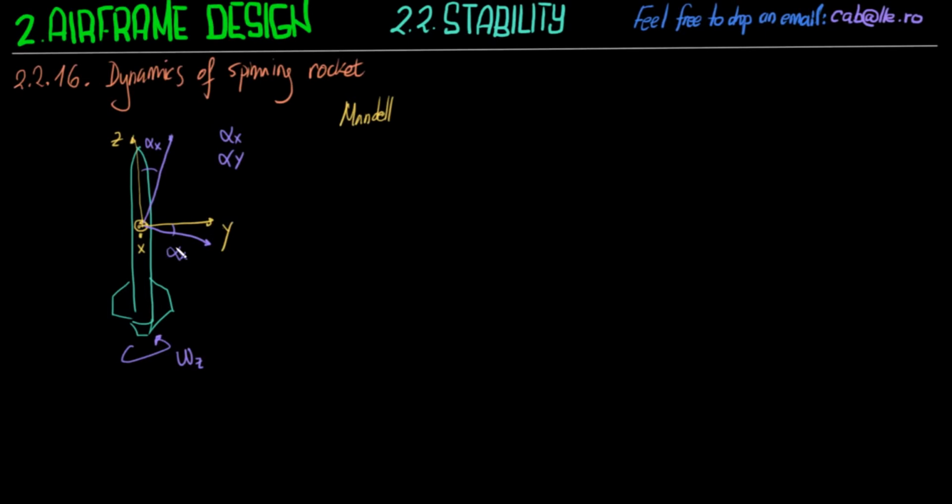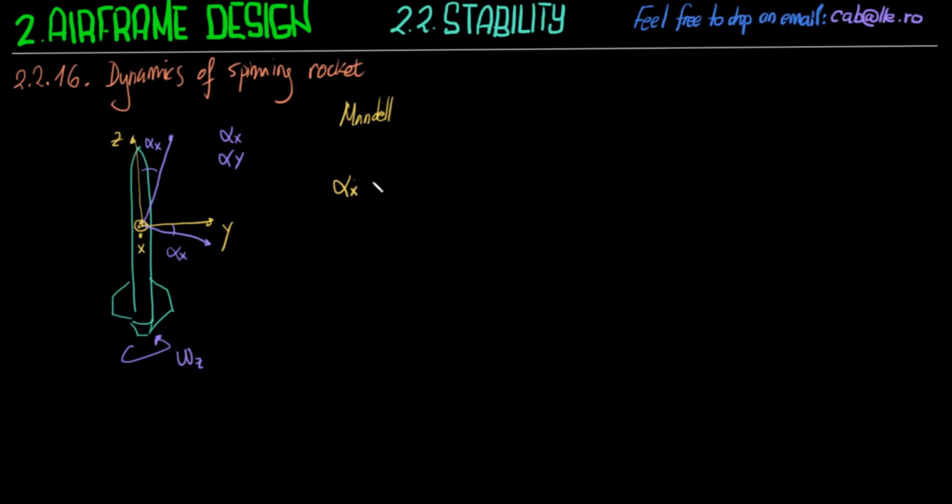But if the rocket is spinning, we say that the equations are coupled. So we do gain an angle of attack, an alpha y and an alpha x, if we just give a kick on the y-axis. So what this means is that we're no longer going to talk about just one alpha, which could be alpha x or alpha y, any kind of angle of attack. We're going to have to talk about the two angles.